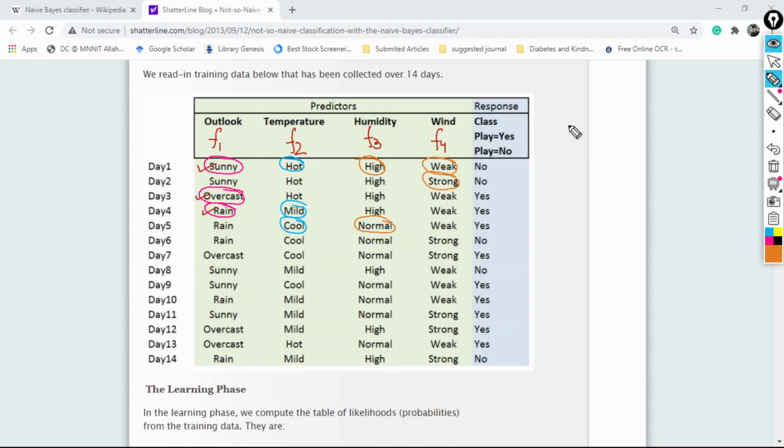So it is simply a binary classifier, and we have four features: f1, f2, f3 and f4. All four features are categorical features.